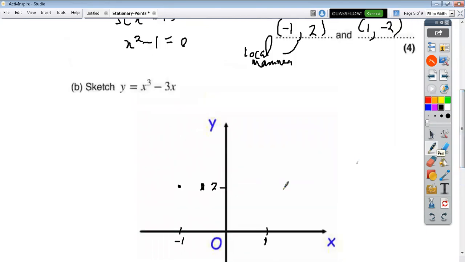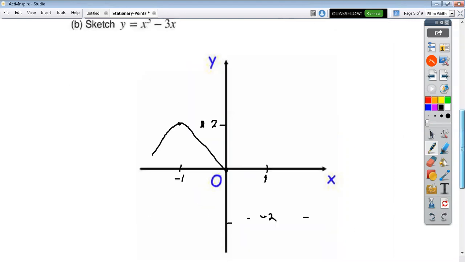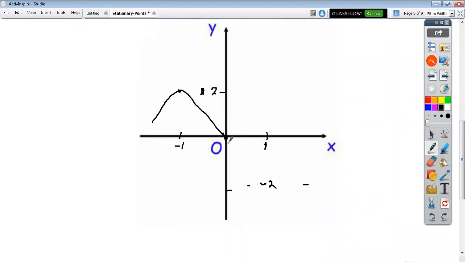When x is equal to 0, what will be y? If we substitute 0 cubed minus 0, simply 0. So this curve is also passing through there. Then it goes to 0 like that, and it's going to turn here since it's a local minimum at this point. Make sense?